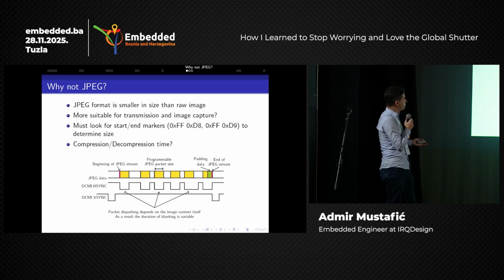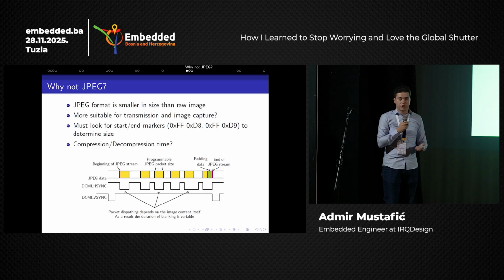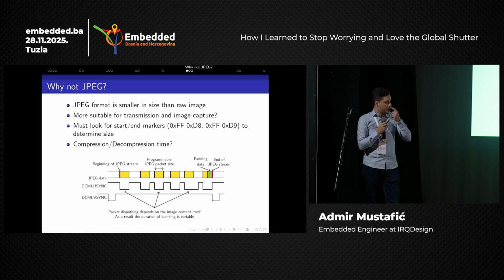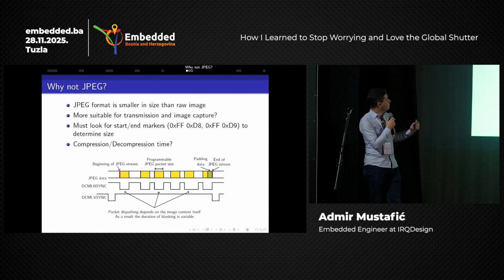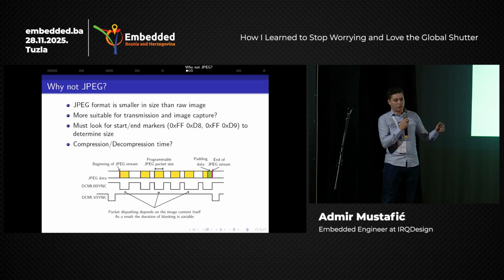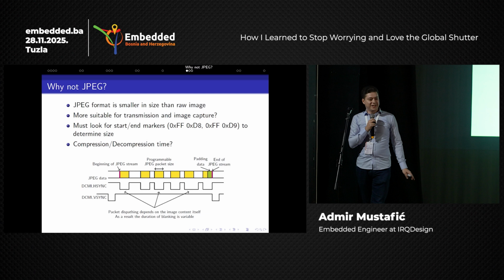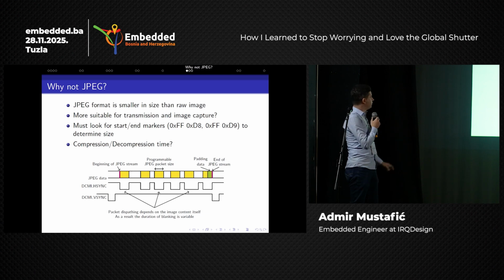So a natural question arises, why don't we use JPEG in this example when capturing the image? Well, one thing is that we must look for the start and end markers to determine the exact size of the JPEG image. But what about compression and decompression time?